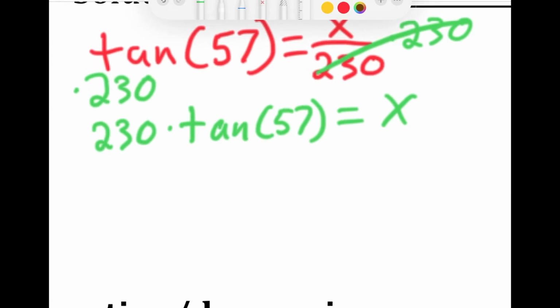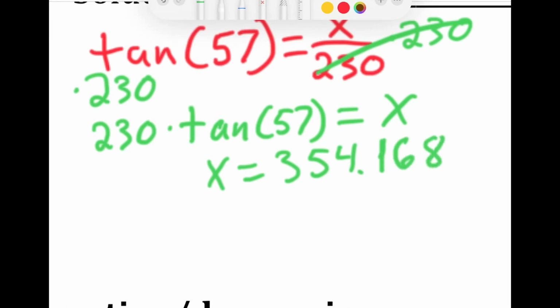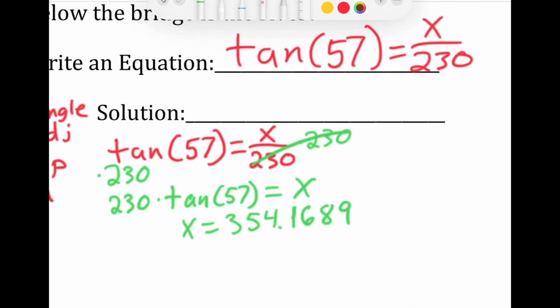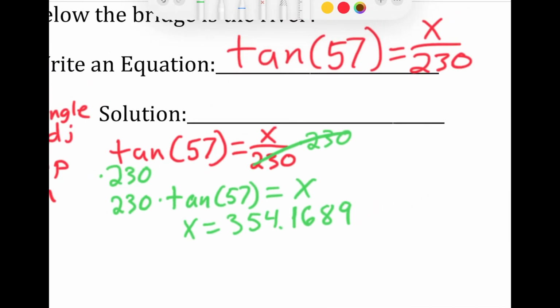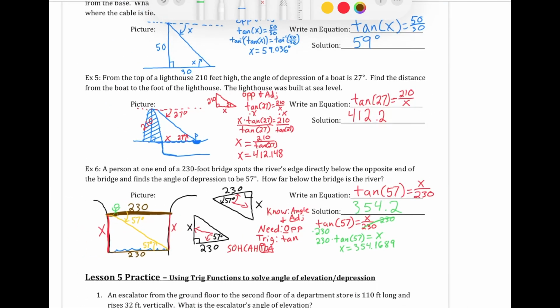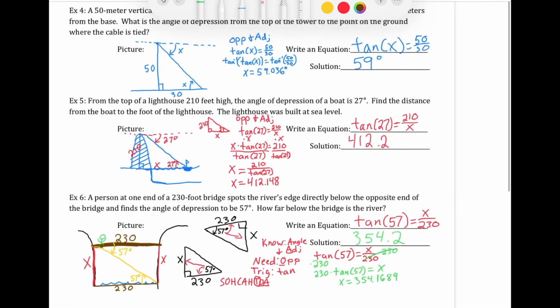Then we're going to put this into our calculator, and we get x is approximately 354.1689, which I would round to 354.2. So that is our example 6.